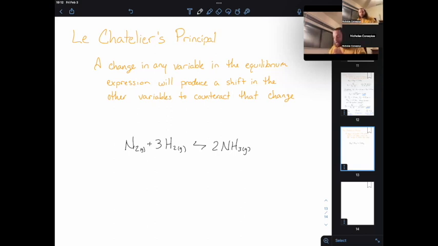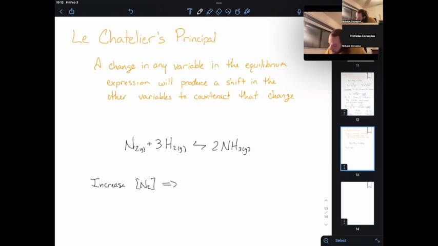Okay, so let's say that we have this system here at equilibrium, and then I decide I'm going to increase the concentration of nitrogen, or the pressure of the nitrogen gas. If I increase the pressure of the nitrogen gas, now all of a sudden I've thrown the system out of equilibrium, right? Because it was previously in equilibrium.